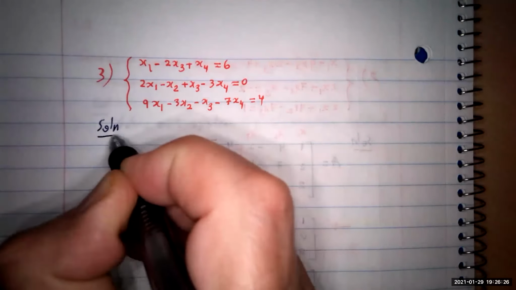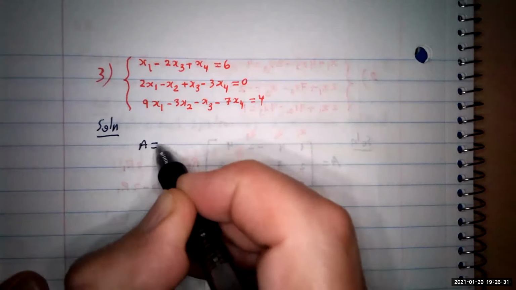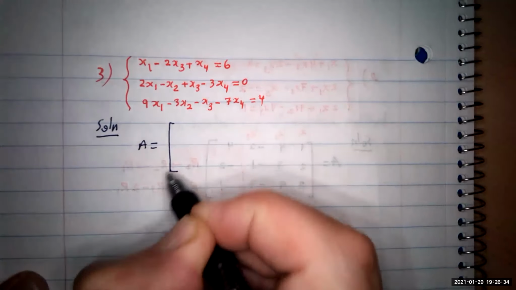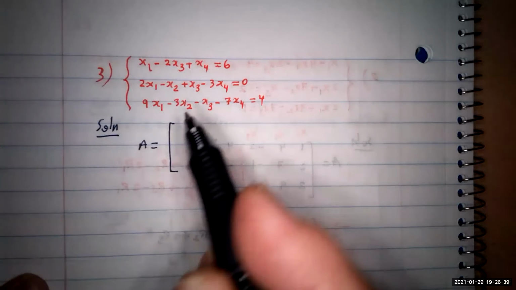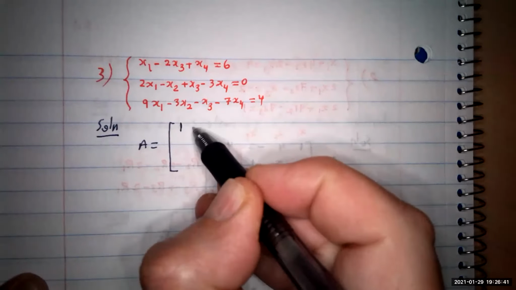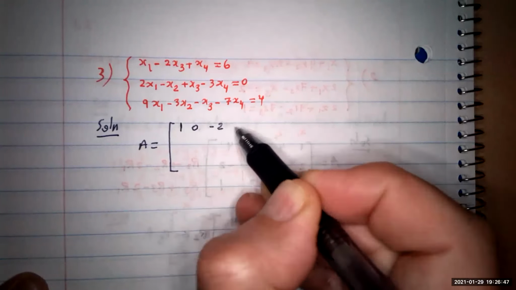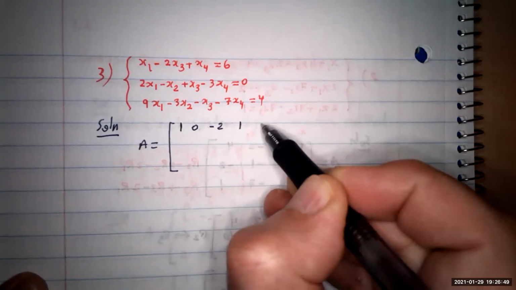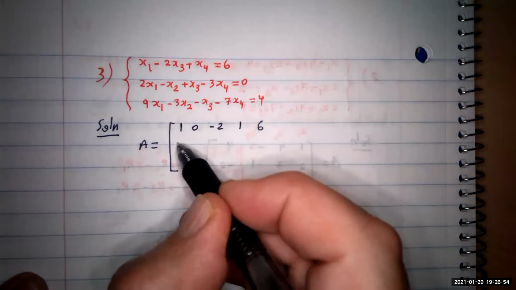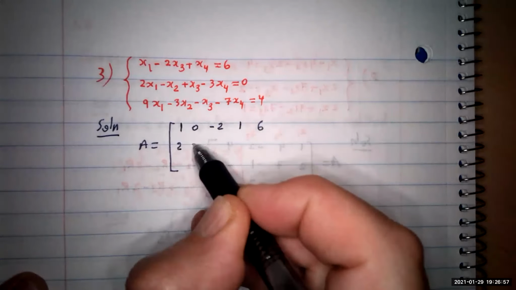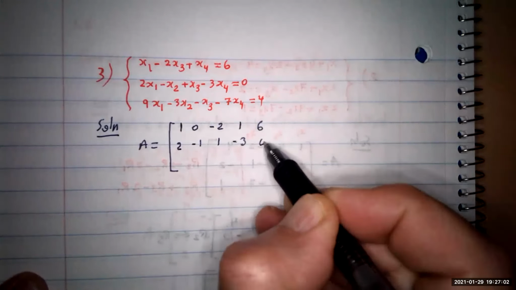So for the solution, get your augmented matrix. This is going to be your A, so bring the coefficients. For the first row: x1 has 1, there is no x2 so it's 0, the x3 is negative 2, the x4 is 1, and the constant term is 6. The second row: 2, negative 1, 1, negative 3, and 0.